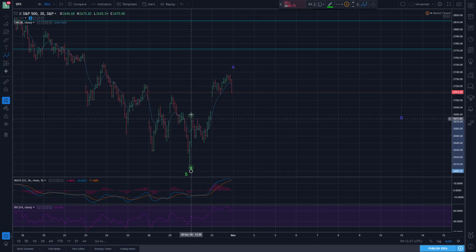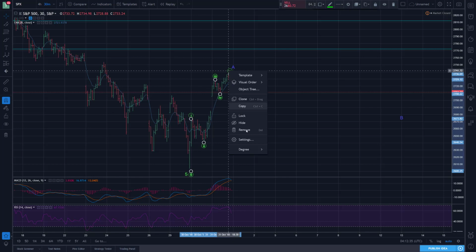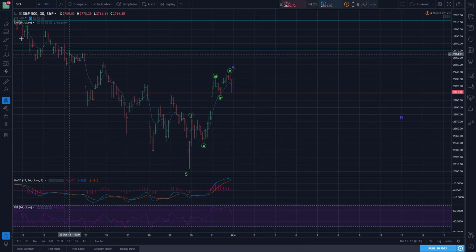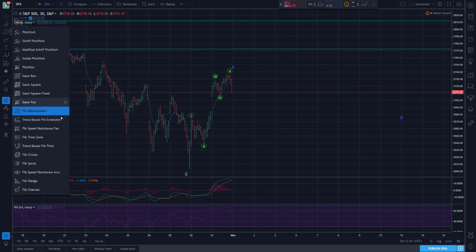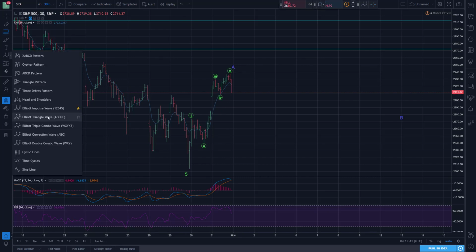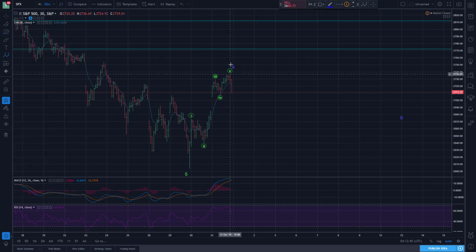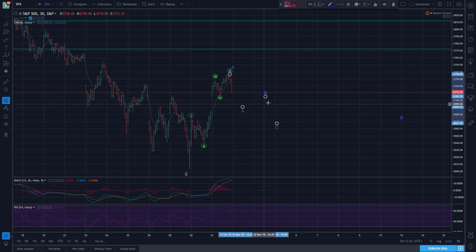So maybe something like this: 1 up, 2 down, maybe a little 3, 4, and 5 in place. And yeah, that should be fine for a minor wave A, and now perhaps we need to come down fairly soon, possibly right away, in some sort of corrective 3-wave decline.